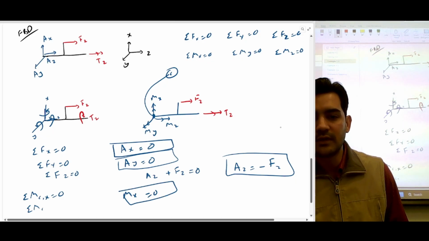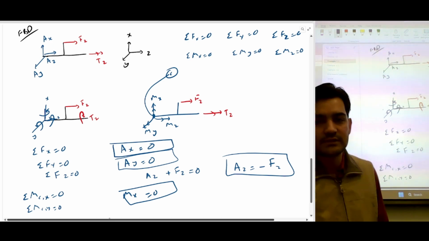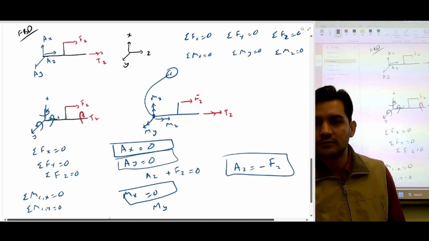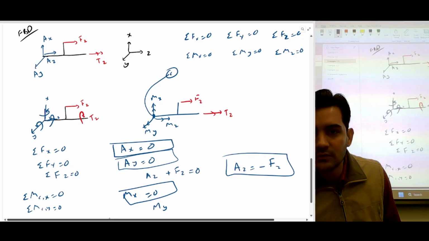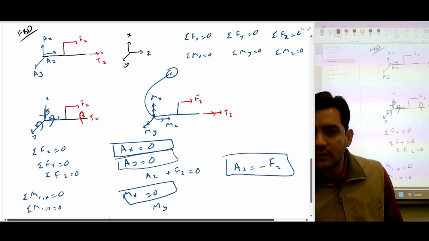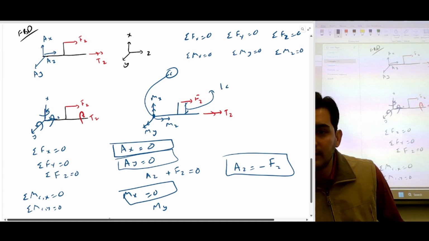If you do the summation of moments at C along the y-axis, so this is the y-axis, you have moment My, and you also have, I think that's the moment arm, LC.